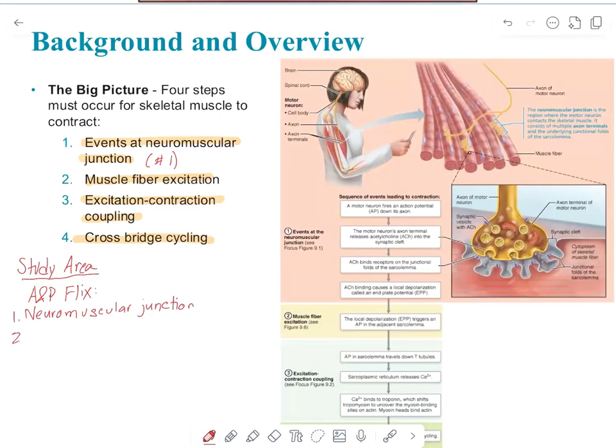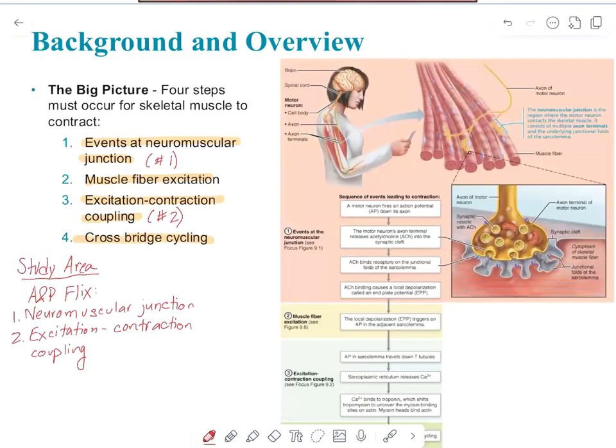The second video is called excitation-contraction coupling. And it also does a really good job. So the excitation part happens in number 2 here, and it leads directly into number 3, which is excitation-contraction coupling, and that would be video number 2.